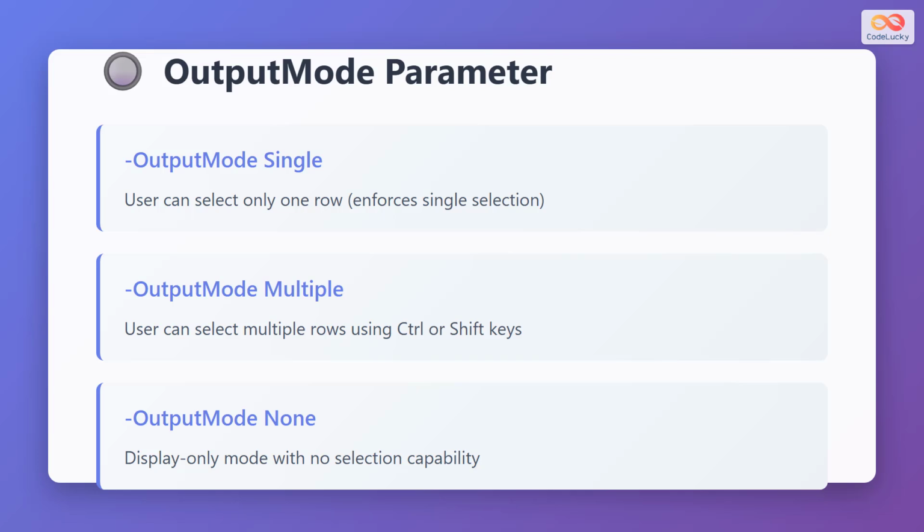This is the default behavior when you use -PassThru. Third, -OutputMode None creates a display-only grid with no selection capability at all. Users can view, search, and filter the data, but cannot select anything to return to PowerShell. Choose the mode that best fits your scripting needs.